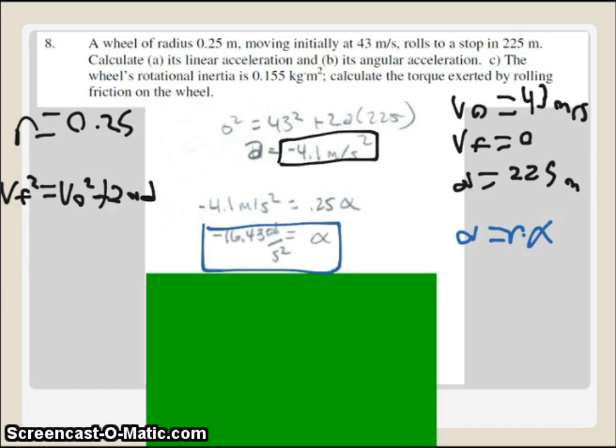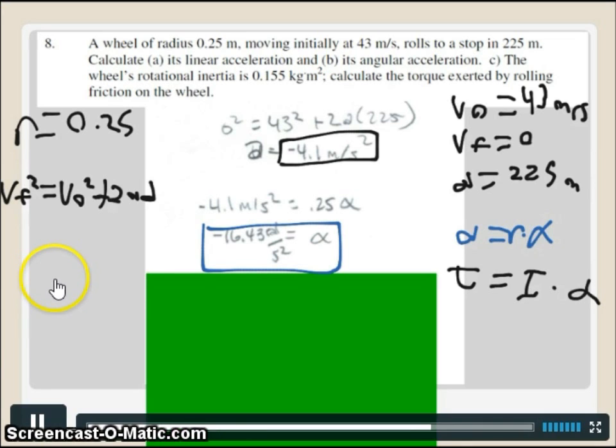And then it's asking for the torque exerted by the rolling friction on the wheel. And so we know that net torque isn't equal to 0 because it's moving. And you know that there's only one source of torque, and that's going to be friction. And so you know that torque is equal to moment of inertia times alpha, angular acceleration.